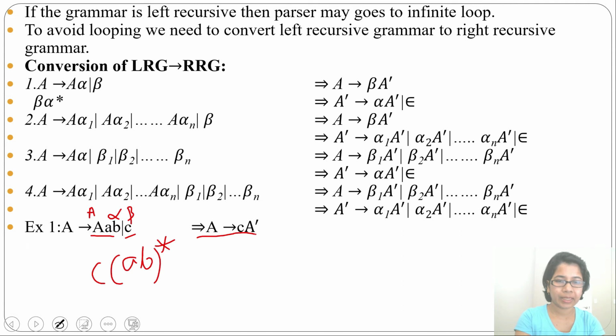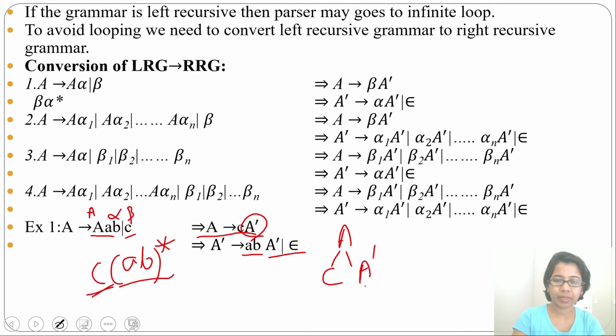From A we will derive C A dash, that is for C. Then from A dash we'll try to generate A B whole Kleene closure. So from A dash we'll generate A B A dash or epsilon. Now from A you can generate C A dash, and from A dash you can generate epsilon, so you can derive simply C. Then from A you can derive C A dash.